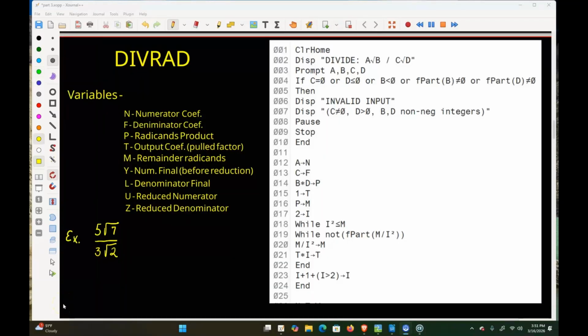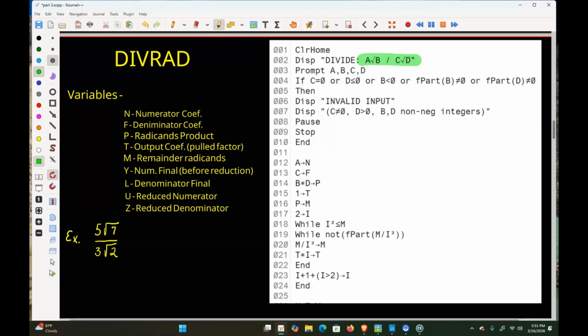In the next part, we're going to be dividing our radicals. Again, we're going to ask you to enter the information as a square root of b divided by c square root of d.